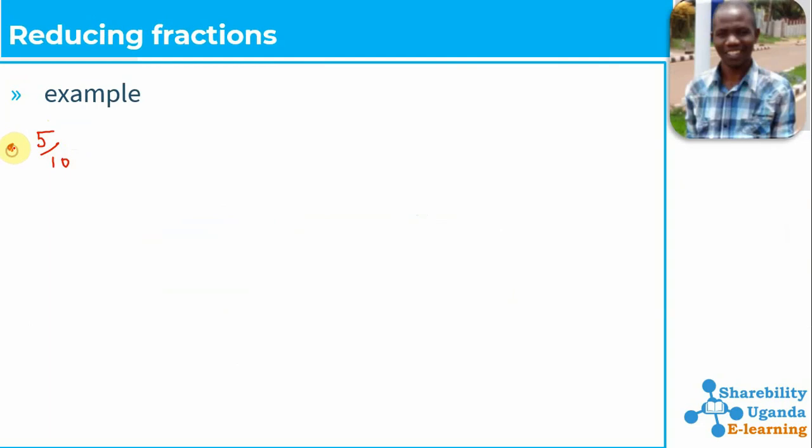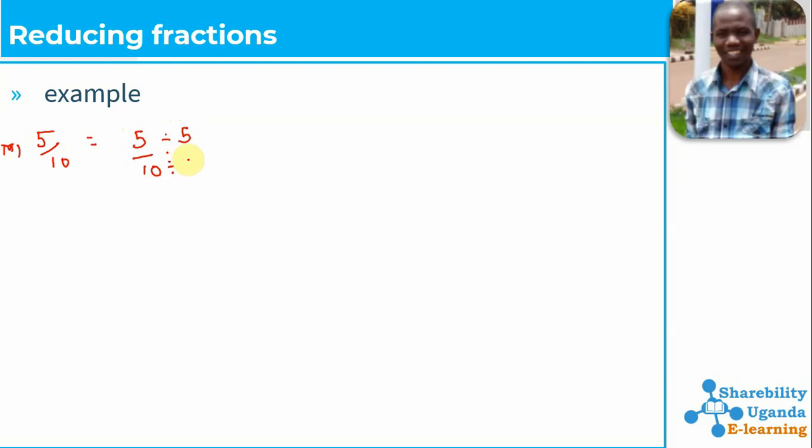This is our part A. They want us to reduce this number. Which method should we use? Okay, let's use this 5 out of 10. We'll look out for the number that can divide all of them, which is 5.